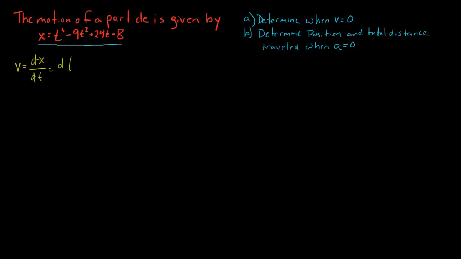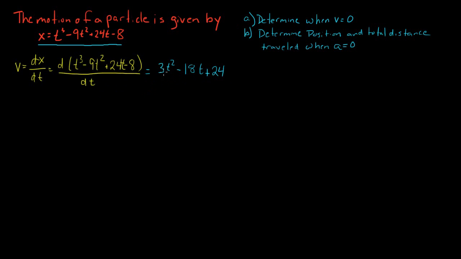So if we take the derivative of x, t cubed minus 9t squared plus 24t minus 8, with respect to t, we get 3t squared minus 18t plus 24. The 8 goes away because there is no t, so it just goes away.